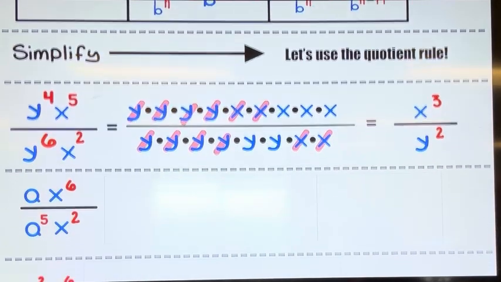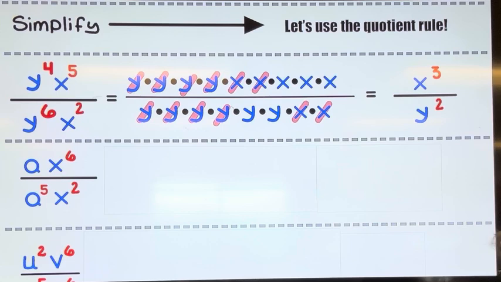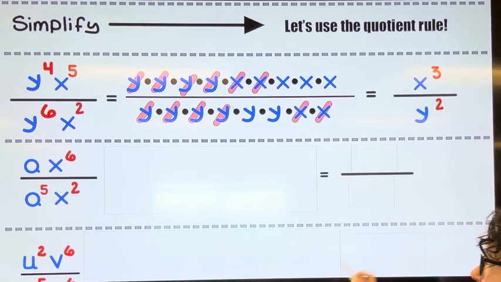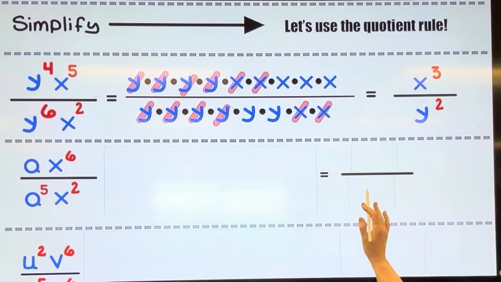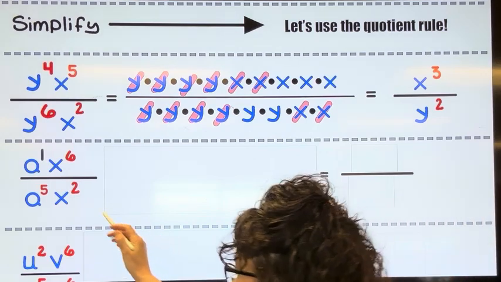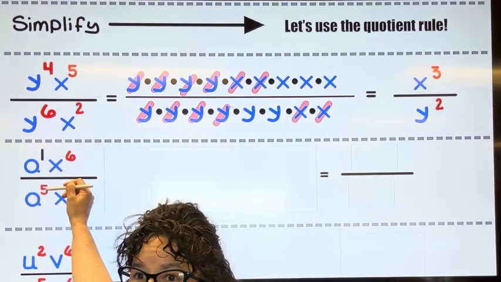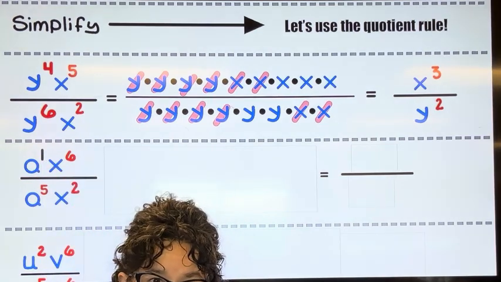So let's look at just a couple more really quick. Okay, so this one here, I'm going to jump directly to the answer. Looking at my A's, I don't see it, but there is a 1 in the exponent there. So I'm going to subtract the 5 and the 1. 5 minus 1 is 4.